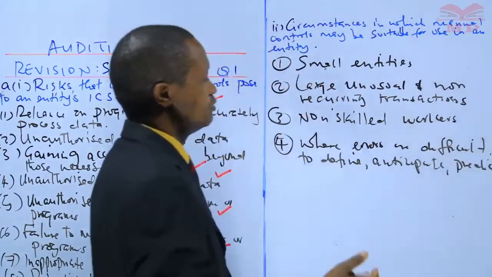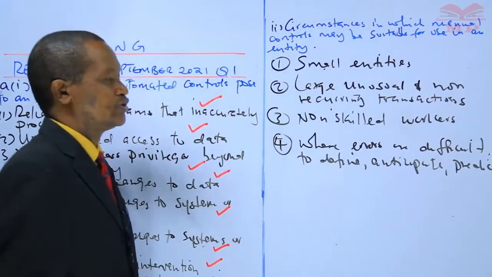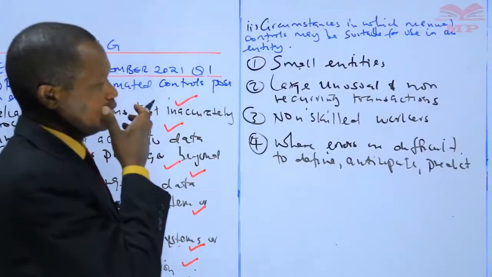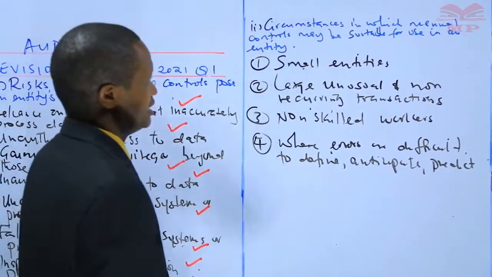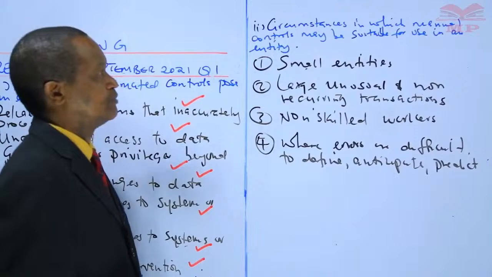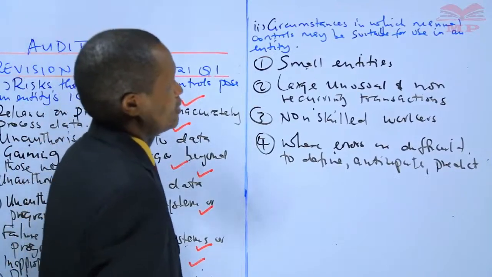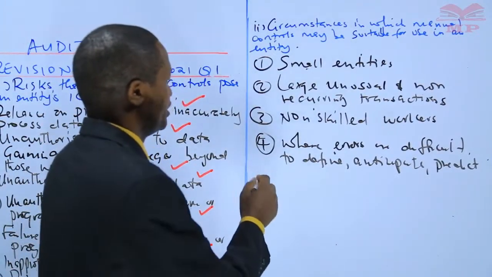Where it is not possible to predict errors, to define errors, or to anticipate errors, that is a circumstance in which manual controls may be suitable.